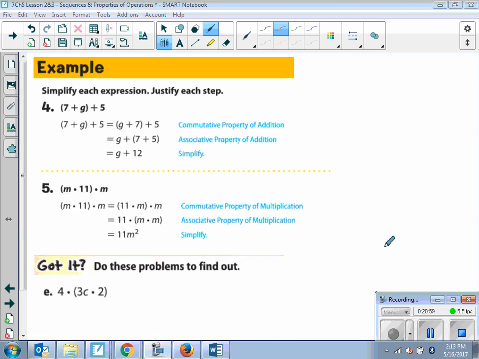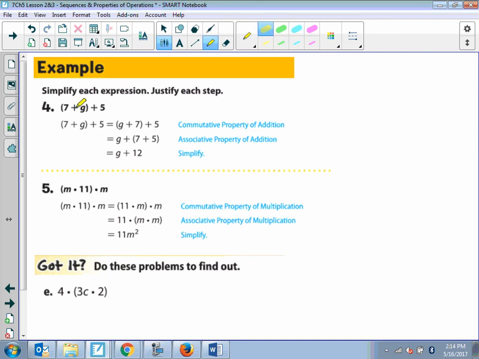So for example 4, it says simplify each expression and justify each step. Here we're looking at the quantity 7 plus g, plus 5. Now, when we are simplifying, we want to make sure that there are no like terms. The like terms that we have available here are 7 and 5. So somehow we need to get those together so that we can combine them.